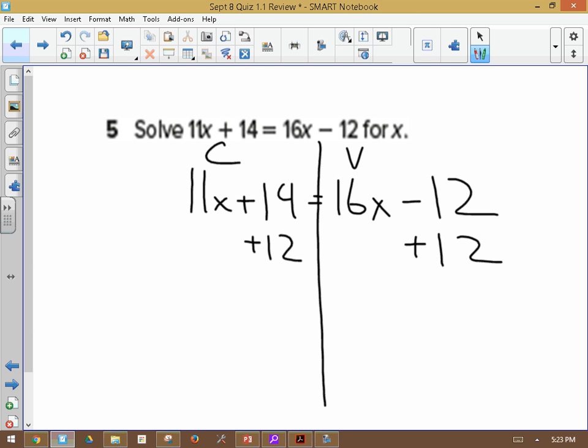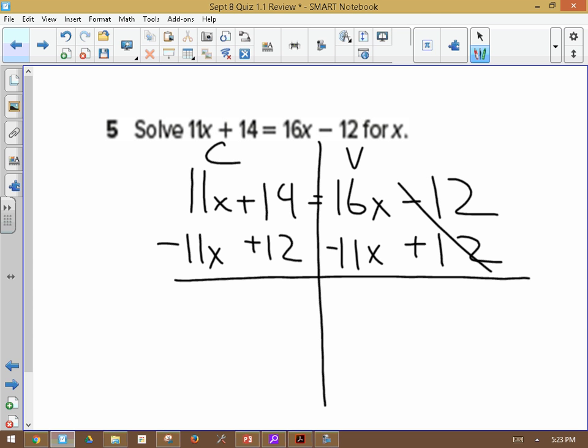It doesn't belong on the constant side, so we subtract that, and what we do on one side, we do on the other. Okay, let's simplify. Those are additive inverses. These are additive inverses. And 14 plus 12 is 26. Bring down our equal sign. 16x minus 11x is 5x.